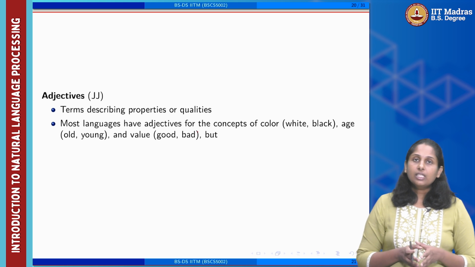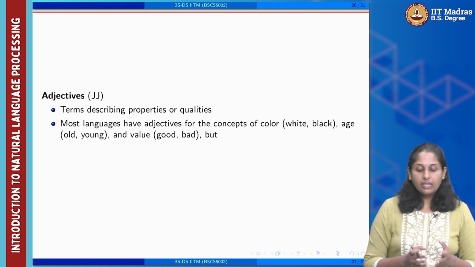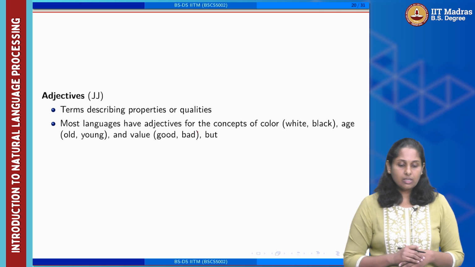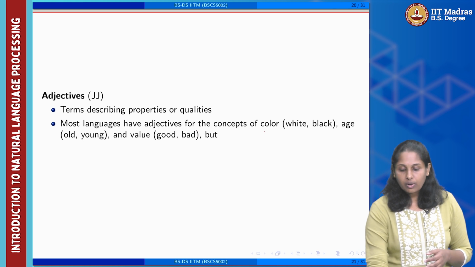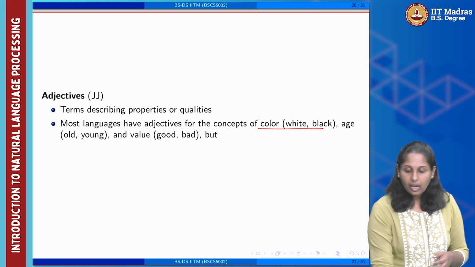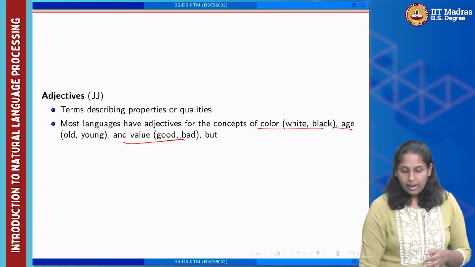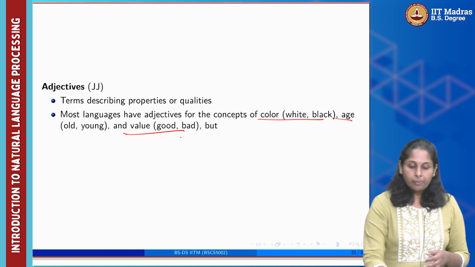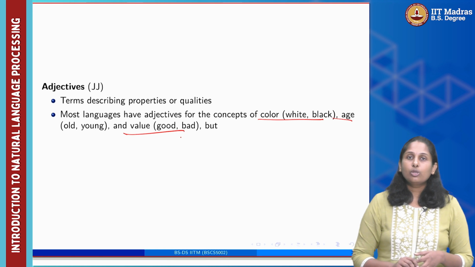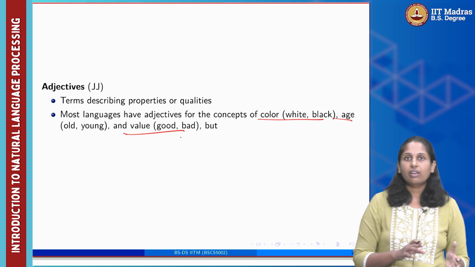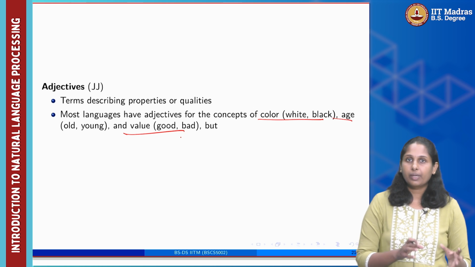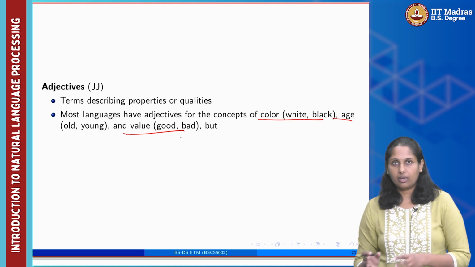And adjectives are important categories again. They describe properties or qualities, and most languages have adjectives, for concepts like color, age and value. But we might not use all adjectives in all places. There is a difference between where to use a particular adjective and where not to.